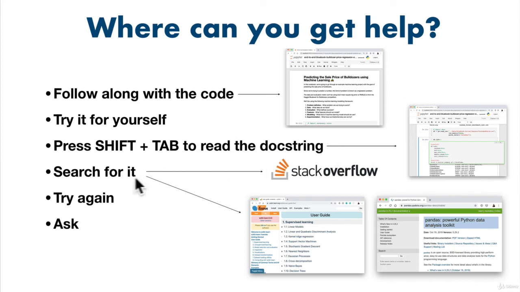If you're still stuck then, of course, don't be afraid to search for it, right? You'll come across resources like Stack Overflow, the documentation for scikit-learn, Pandas. And then, if you've searched for it and you find some information, maybe you copy it from the documentation into your Jupyter Notebook, then of course, try again. Remember, if in doubt, run the code.